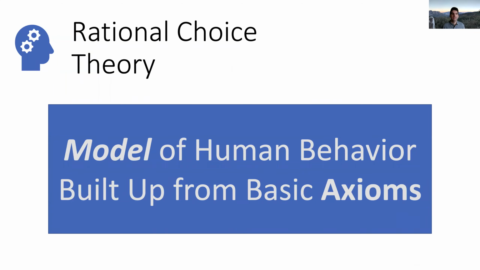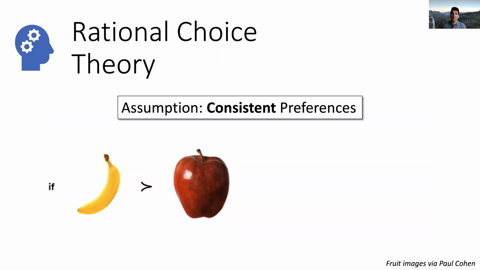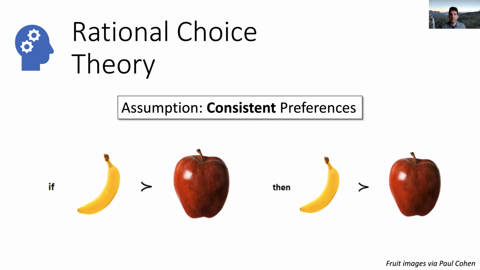And the first axiom that we're going to build up here is the assumption of consistent preferences. This says if a person prefers a banana over an apple, so that's this little greater than looking sign here, then we assume that they will continue to prefer a banana over an apple.